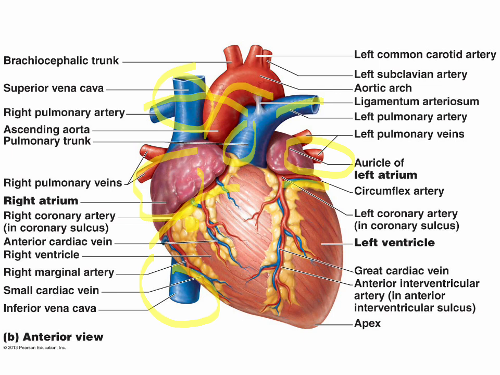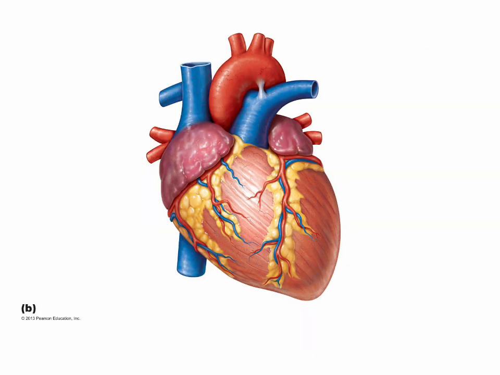On the back, you guys get to see a little bit of the pulmonary veins on this side. Okay. Apex. Here we have the anterior interventricular artery. Now your turn.